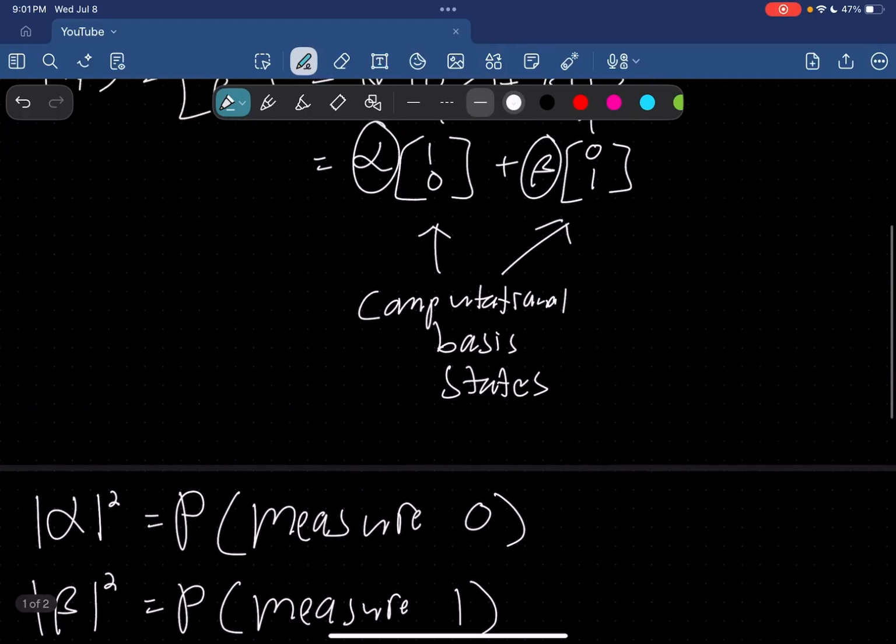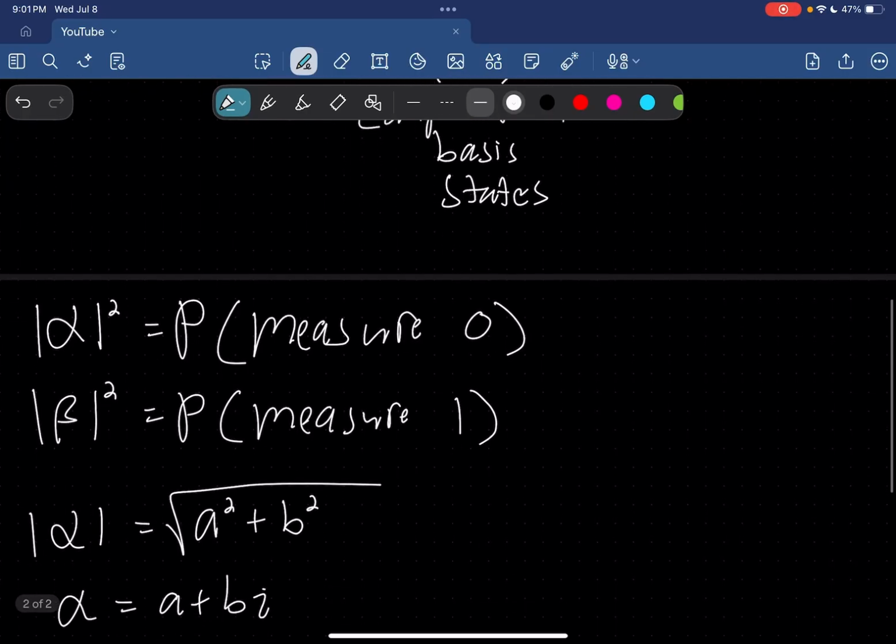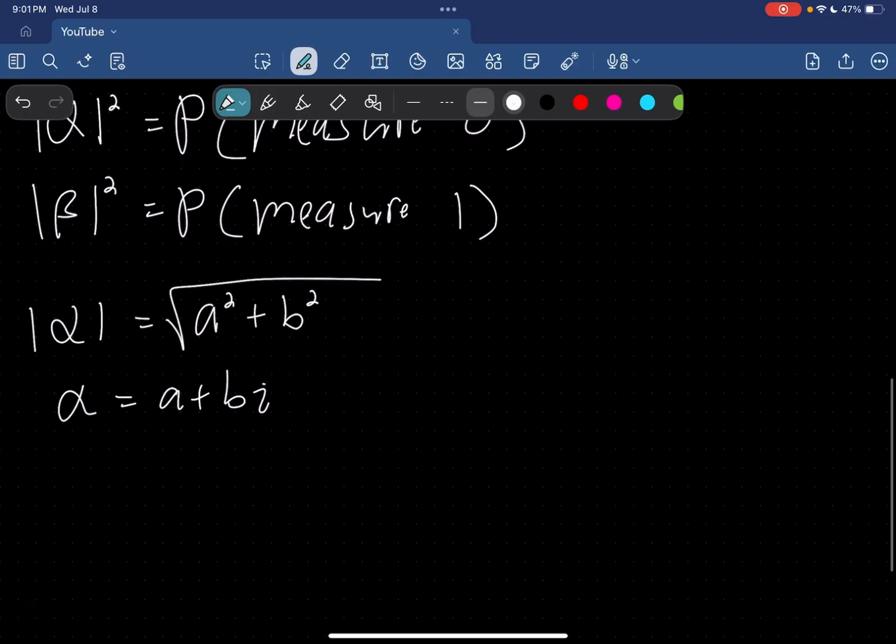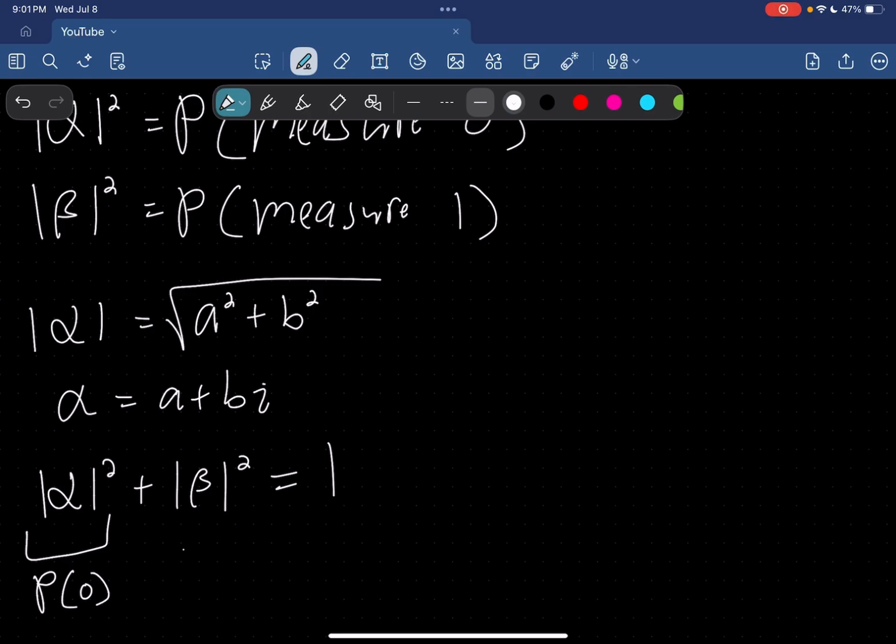So if we square these amplitudes, that gives us our probabilities. From that, we know that the modulus squared of both has to sum to 1, because these are both probabilities. This is the probability that we measure 0, and this is the probability that we measure a 1.